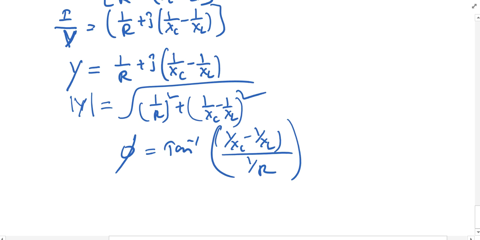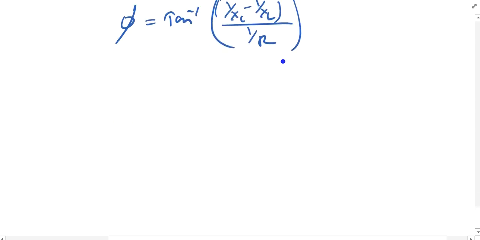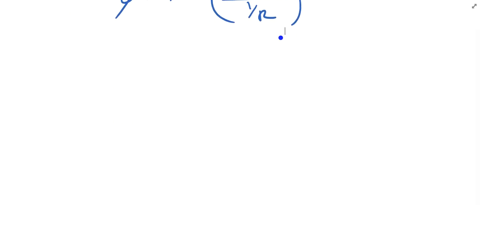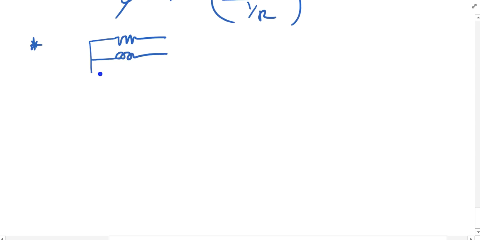Now we'll take some numericals, one or two, so that this kind of analysis can be more clear to you. Let us consider R and L connected in parallel. The supply given is 230 volt, 50 hertz, with 10 ohm and 0.05 henries.